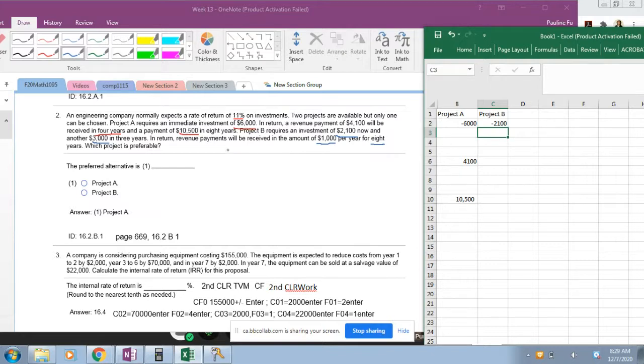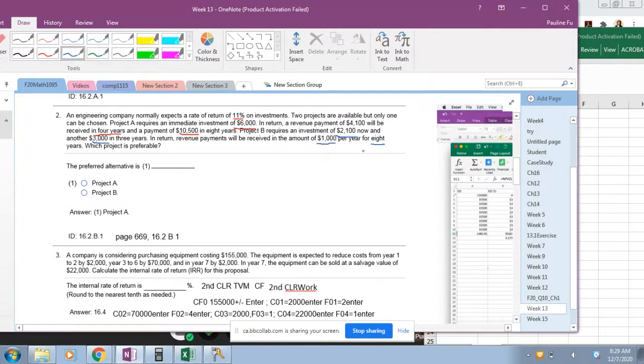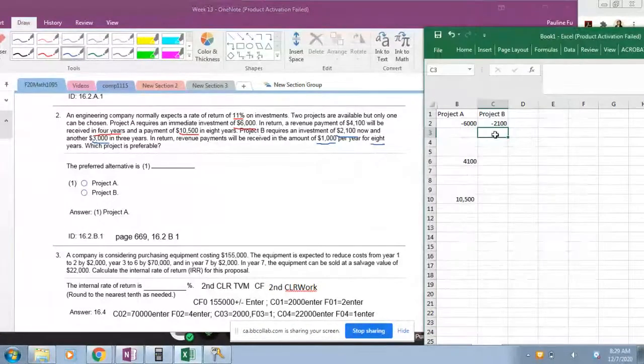In return, the revenue will be received amount of 1,000 per year for 8 years. So you will receive 1,000. This number will occur 8 times for 8 years. So you receive 1,000 for 8 years.